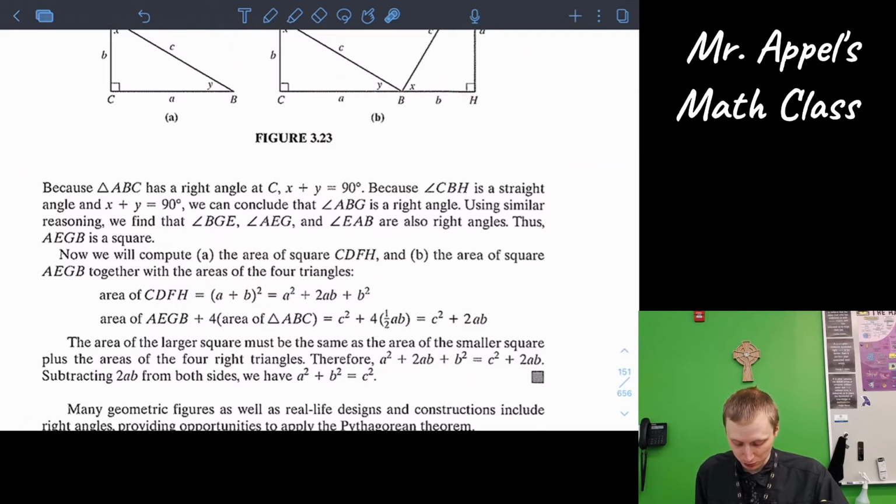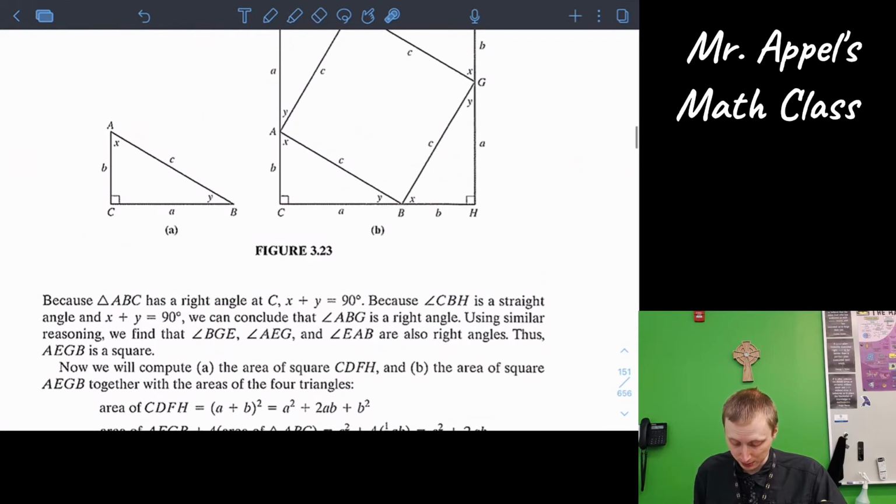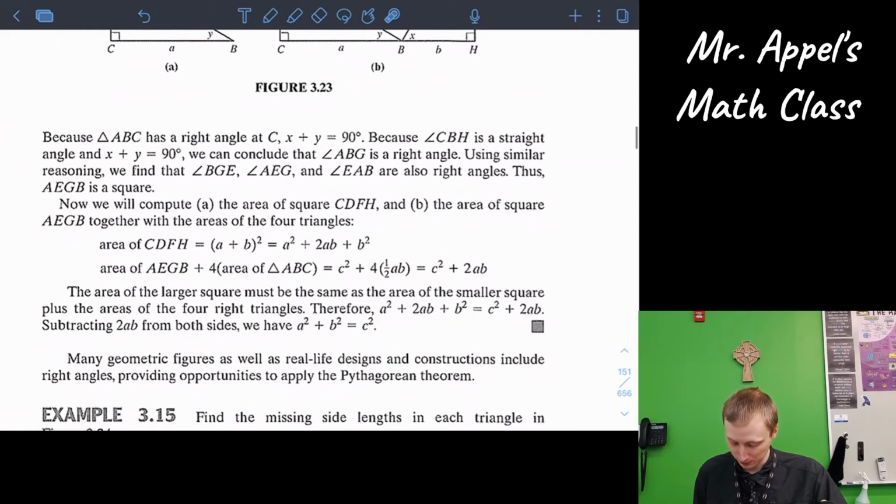And if you distribute that out, a squared plus 2ab plus b squared. Area of AEGB plus 4 times the area of triangle ABC gives us c squared, c and c, plus 4 times 1/2 ab will give us c squared plus 2ab.